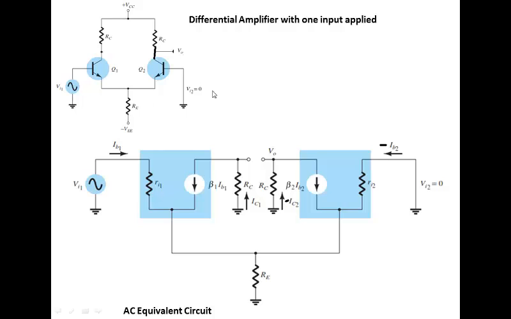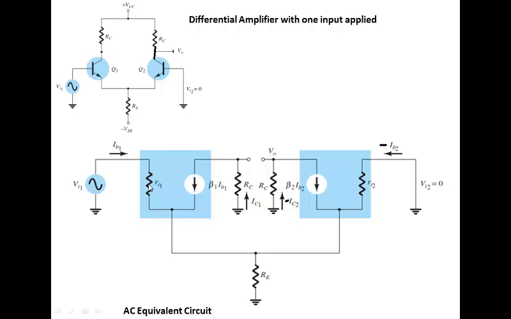So let me take the differential amplifier with one input applied, that is Vin1, and this is the AC equivalent circuit corresponding to this amplifier. So let me focus on this AC equivalent circuit, in which we have two transistors, and these are the two re models corresponding to these two transistors.